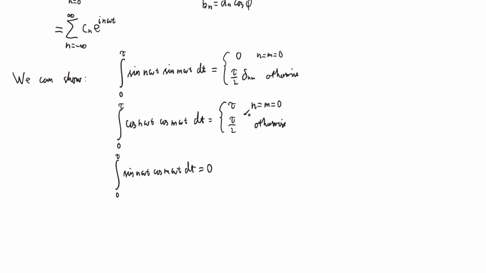And this also, all these apply if n and m are integers. Now, this math actually gets a little simpler if we work with the complex, or the exponential representation of the Fourier series. It turns out that this one integral identity is equivalent to all of these.